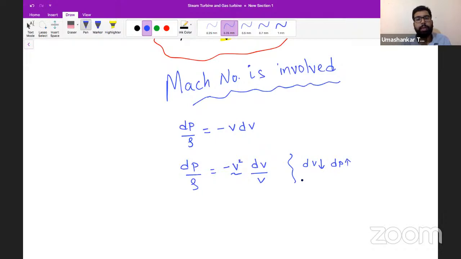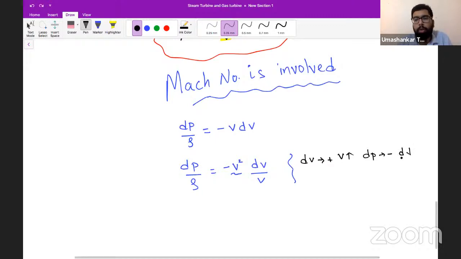Yes or no? Or vice versa, if dv is positive, it means the velocity is increasing. So from here, dp is coming out to be negative. So pressure decreases.